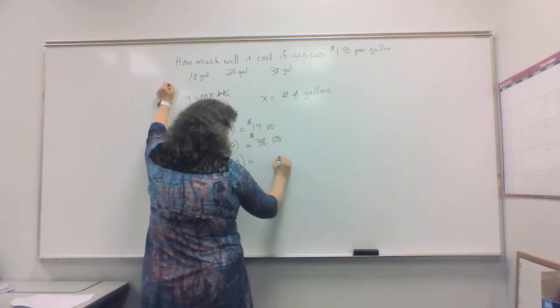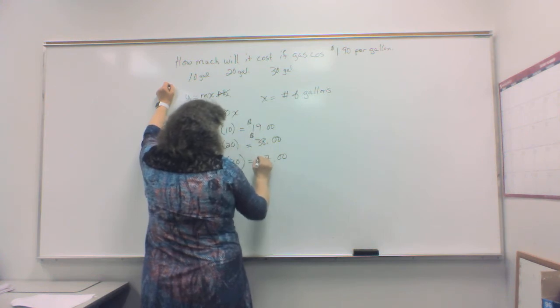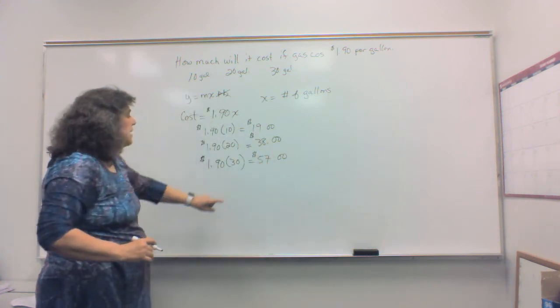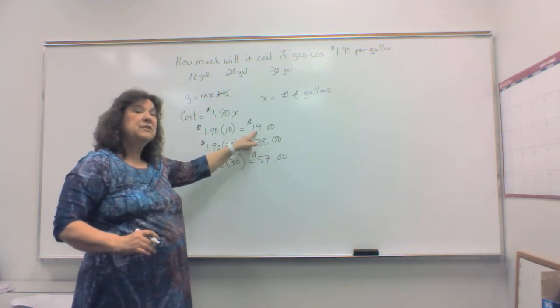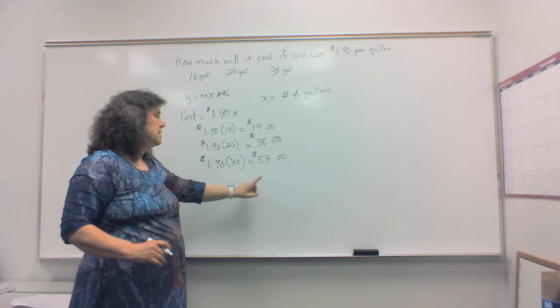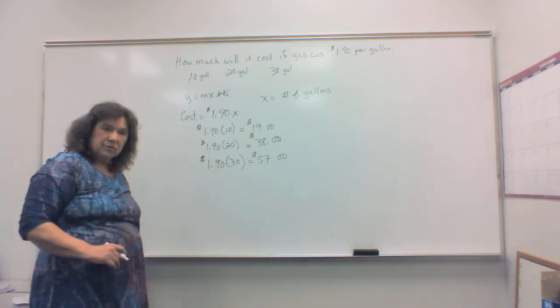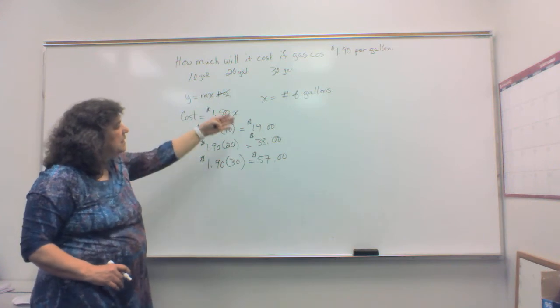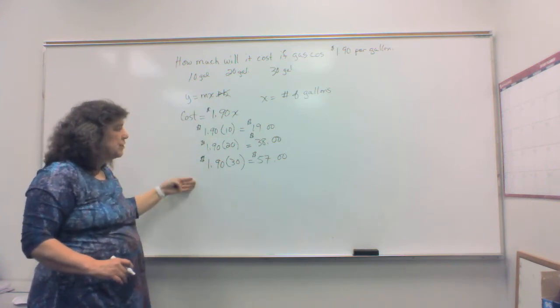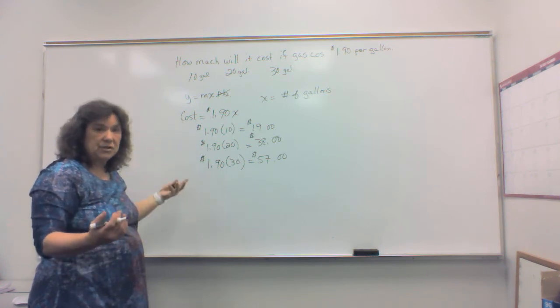Well, let's see. 3 times that is 27, 2, 3, 5. How about $57? So it's going to cost $19 for 10 gallons, $38 for 20 gallons, and $57 for 30 gallons. So as you can see, you can figure out things by knowing the equation that it's going to use.